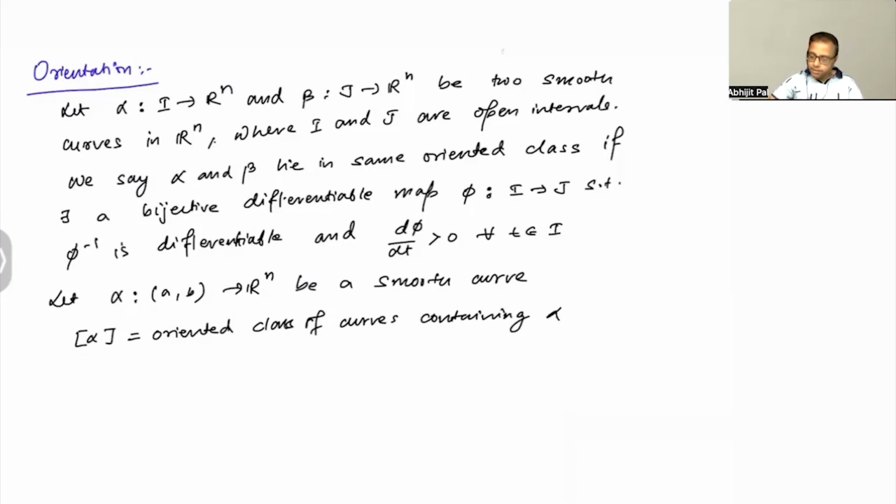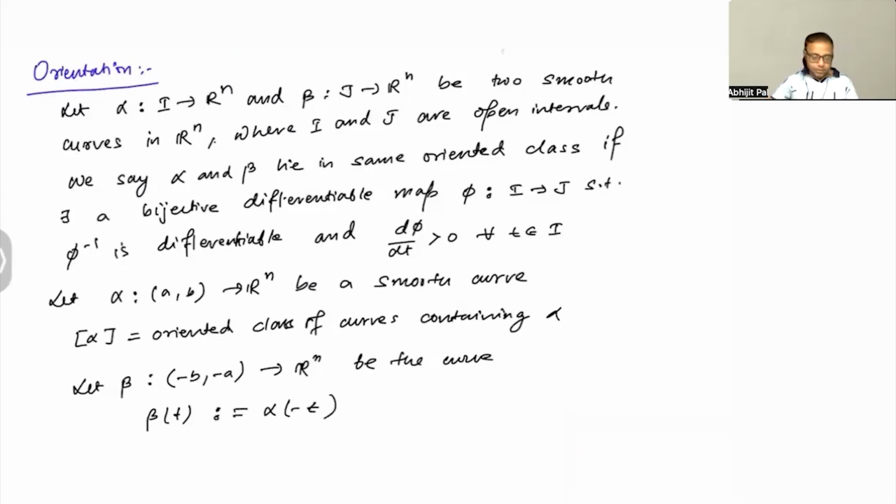Now let beta be defined on the open interval minus b to minus a to Rn, be the curve beta t, defined as alpha of minus t, where t belongs to the open interval minus b to minus a.